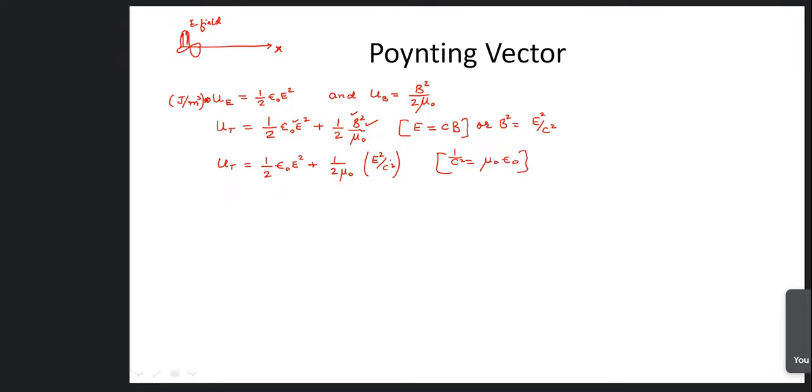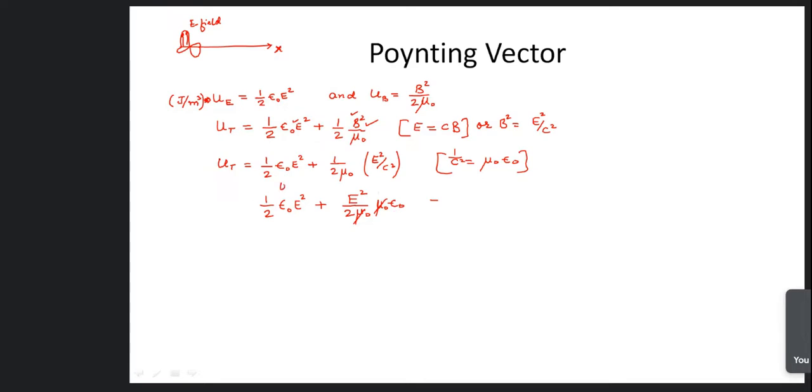So let me use this as well here. So I can write total energy density is half epsilon naught E square plus 1 by 2 mu naught with c square as well. I know what is c square. So let me use that, 1 over c square, which is mu naught epsilon naught, and I have E square here. So mu naught gets cancelled with mu naught. I'm left with half epsilon naught E square.